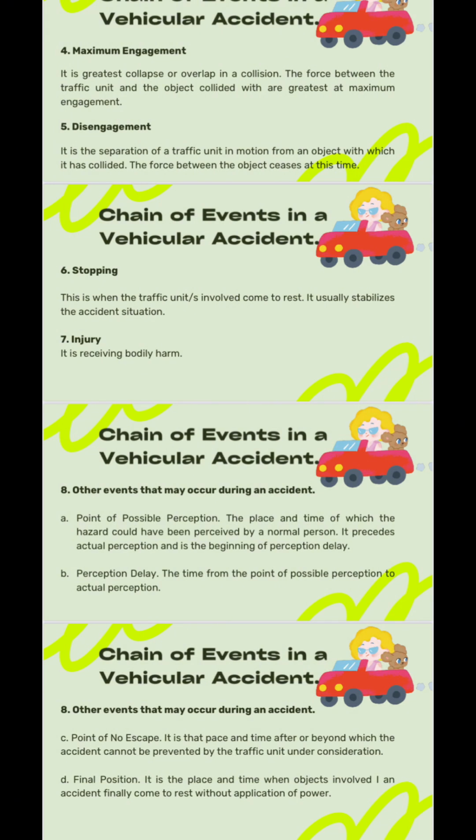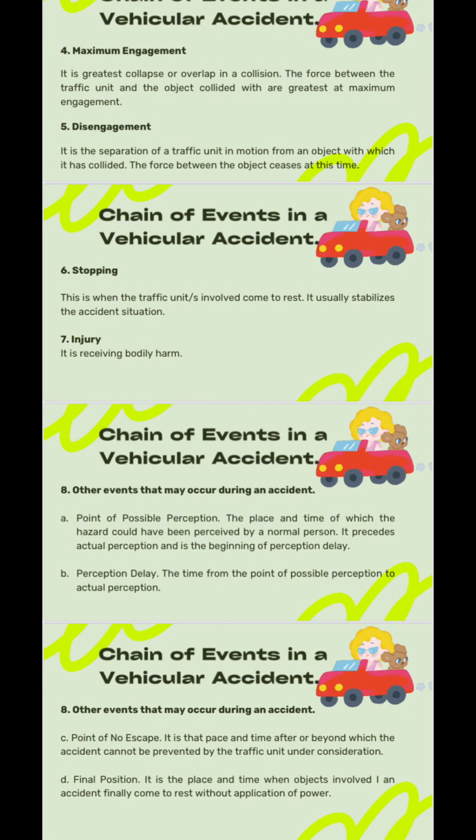It precedes actual perception and it is the beginning of perception delay. This is a place and time when a hazard could have been noticed by a normal person. It occurs before the actual perception, marking the start of a delay in recognizing the danger.